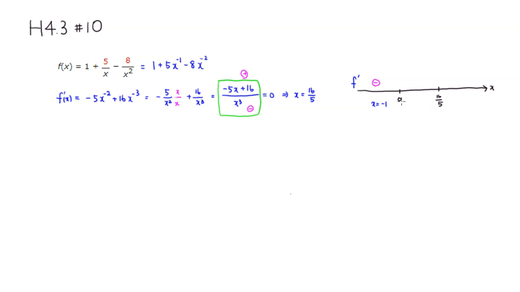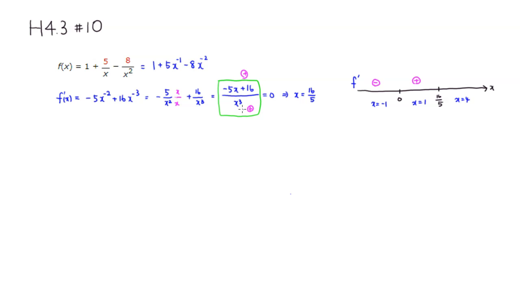Between 0 and 16 over 5, we can try x equals 1. If you plug in 1, the denominator is now positive, and the numerator is 16 minus 5, which is still positive. So it's positive over positive, so it's going to be positive here. After 16 over 5, which is 3 point something, say x equals 4.